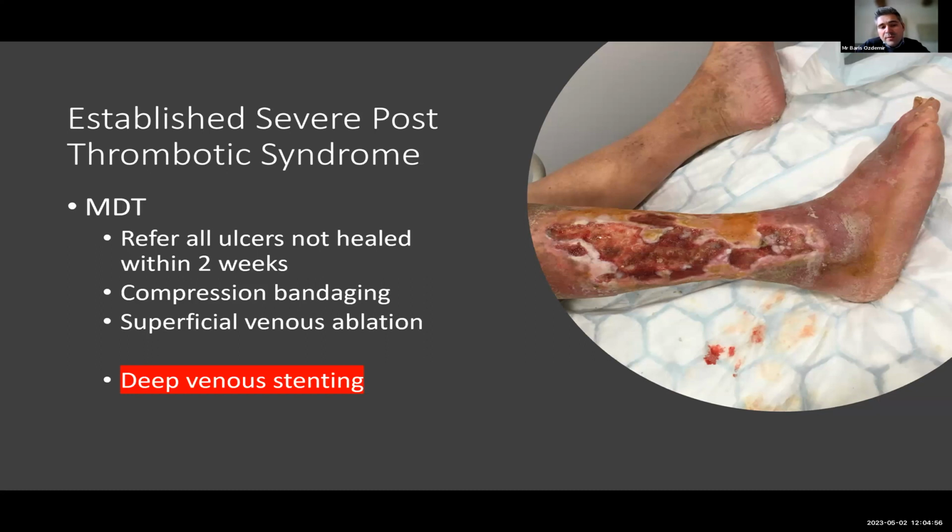Just as a general comment, if you have patients with leg ulceration, the guidance is that they should be referred in to see vascular specialists within 2 weeks of an ulcer developing. So again, if you've got someone with really bad post-thrombotic syndrome, please don't hesitate to refer in to us, because there are things we can usually do.